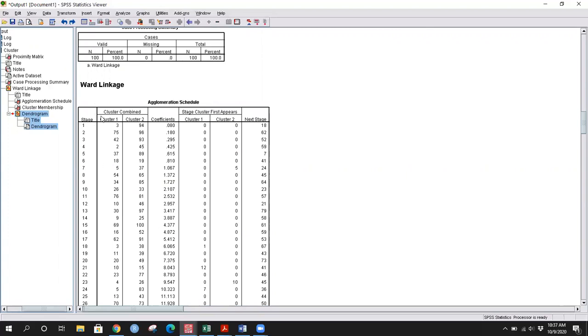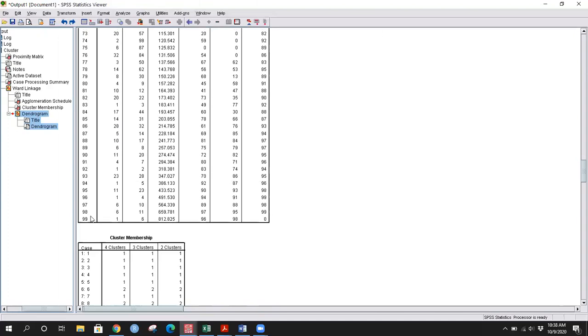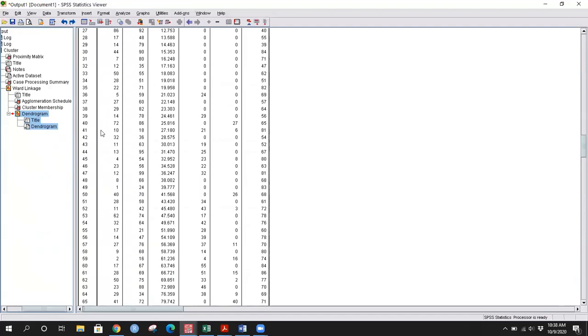Correct. So that's the hierarchical method. So we learned that the stage column has to be perceived as the number of cluster solutions, starting from the bottom, where the bottommost means 1 cluster solution, then 2, then 3, then 4, and so on. Okay, so that was about my stage column.